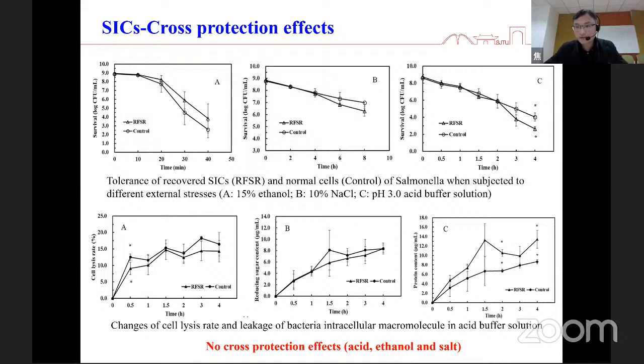It means that even though RF heating could cause a certain amount of sublethally injured cells, those cells could not cause direct or cross protection effects.